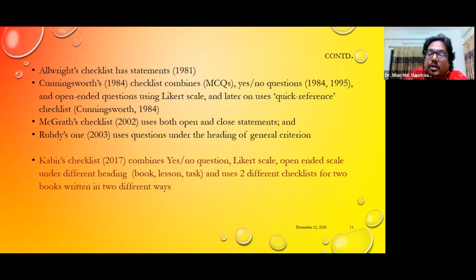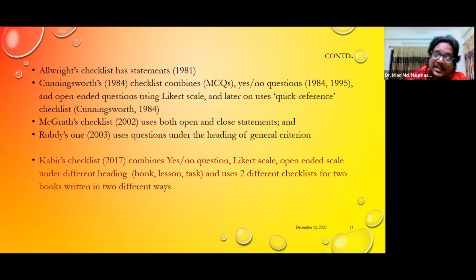The reference is given at the end of this presentation. This article is open access, so you can look at the actual checklist that I used. When I was writing this paper, I also updated some of the reference lists that I used in 2012 because in five years many things changed.